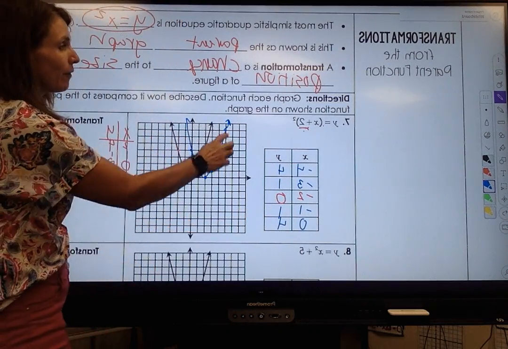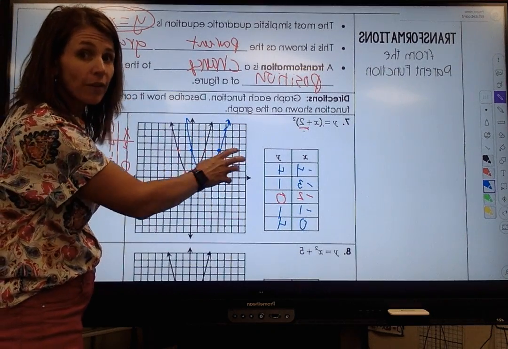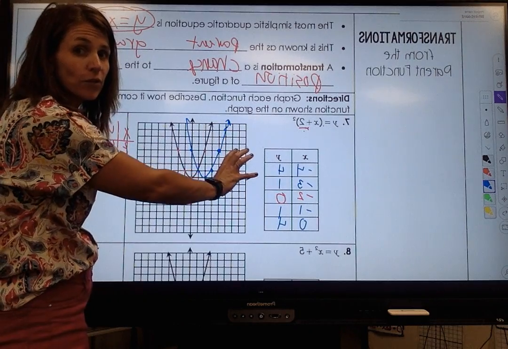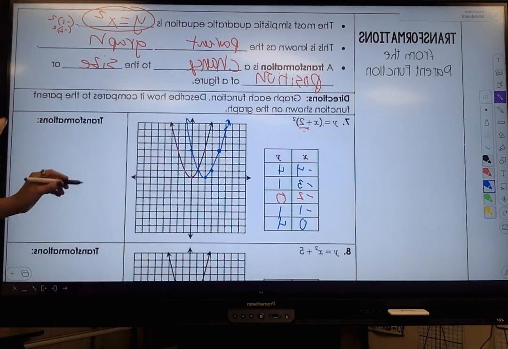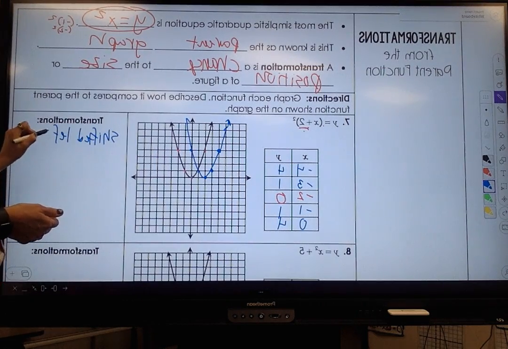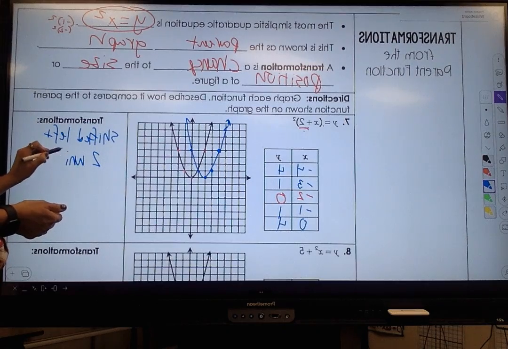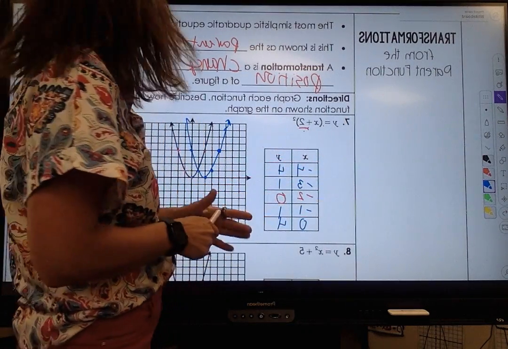And this blue graph then represents that shifting, that changing position of the parent graph. I literally shifted it 2 units to the left. So what would I say on my transformation? All you got to tell me is you shifted left 2 units. That's all it did. Okay, let's do another example together.